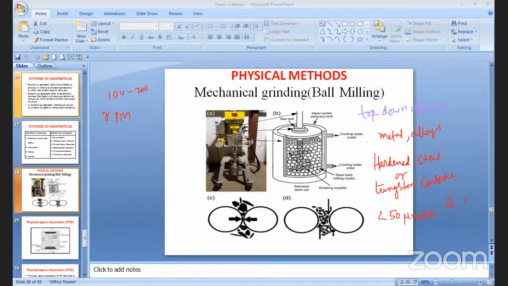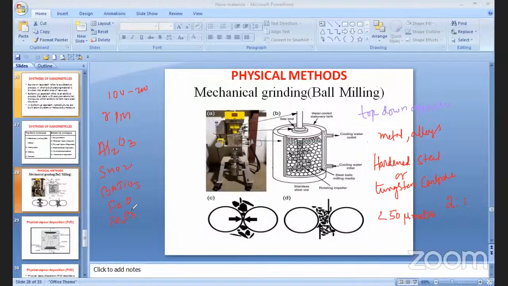Different types of metal oxide nanoparticles such as Al2O3 nanoparticles, SnO2 nanoparticles, BaTiO3 nanoparticles, otherwise FeO, or Fe2O3, are all synthesized using this ball milling method.